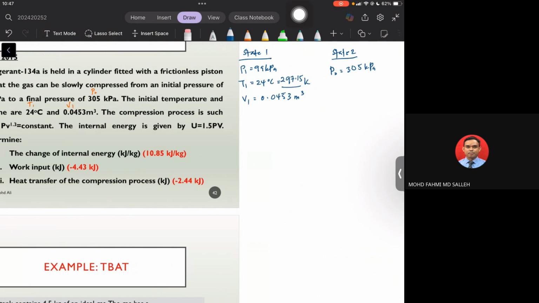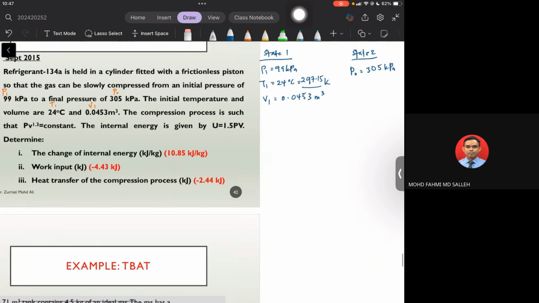And given the correlation based on the polytropic process is PV power of 1.3 equal to constant. And also the internal energy can be determined by using this correlation, 1.5 PV.